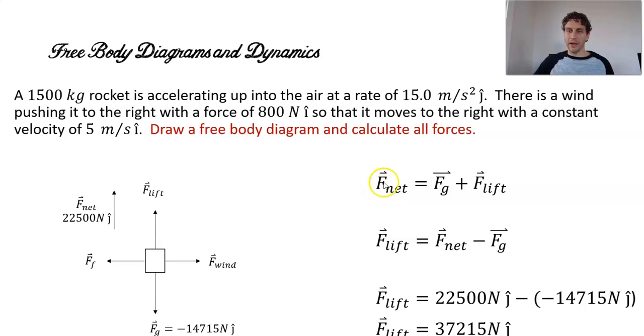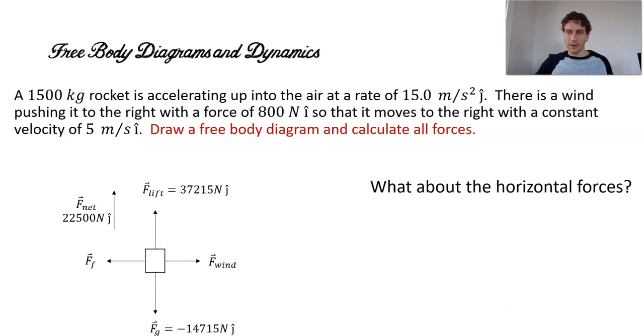Once we had that, and because we had gravity, we could find the lift force. We can throw that in. The easiest one in the horizontal plane is given to us. The force of the wind is 800 newtons in the positive i hat direction, or to the right. So we can put that in.